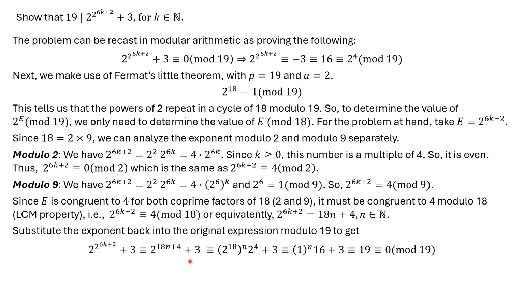Then we can break this up into 2 to the 18 to the n power times 2 to the 4th. 2 to the 18, well, we computed that earlier, it's 1 mod 19, so we get 1 to the n, times 2 to the 4 which is 16, plus 3. And 16 plus 3 is 19, and 19 is congruent to 0 mod 19, which is what we wanted to prove.